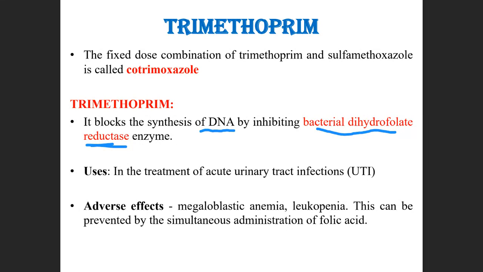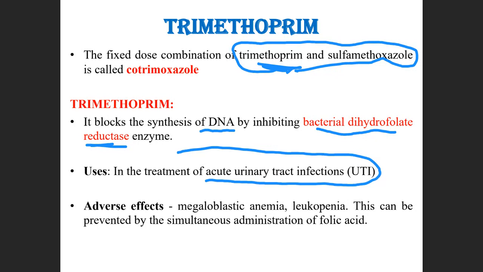And here it is used in a fixed combination of sulfamethoxazole with trimethoprim, 200 milligram plus 500 milligram, something like that. It is useful in the treatment of acute urinary tract infection.